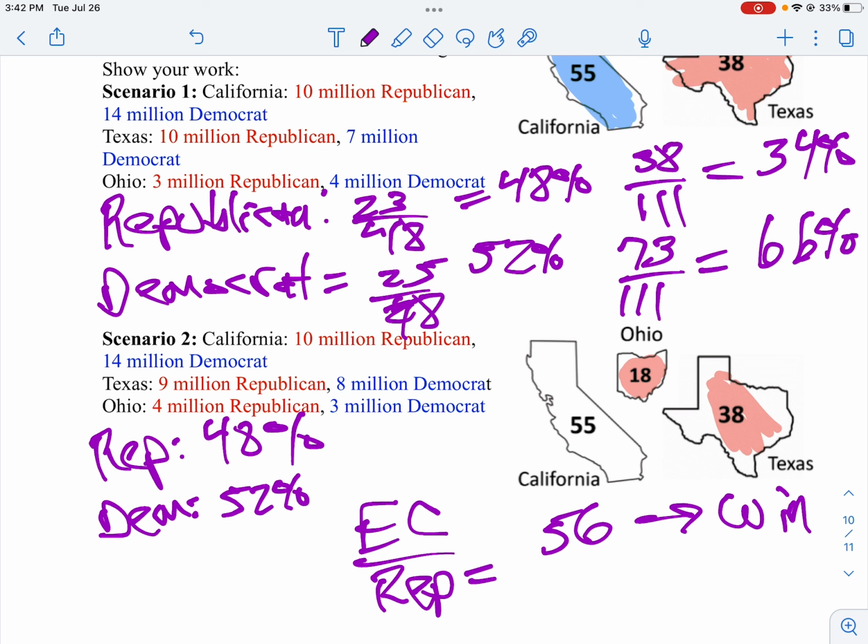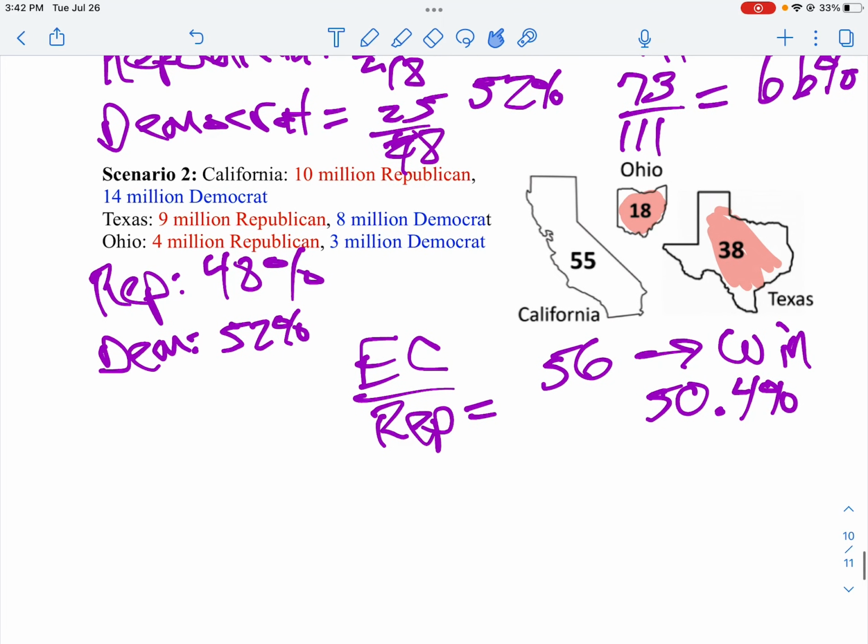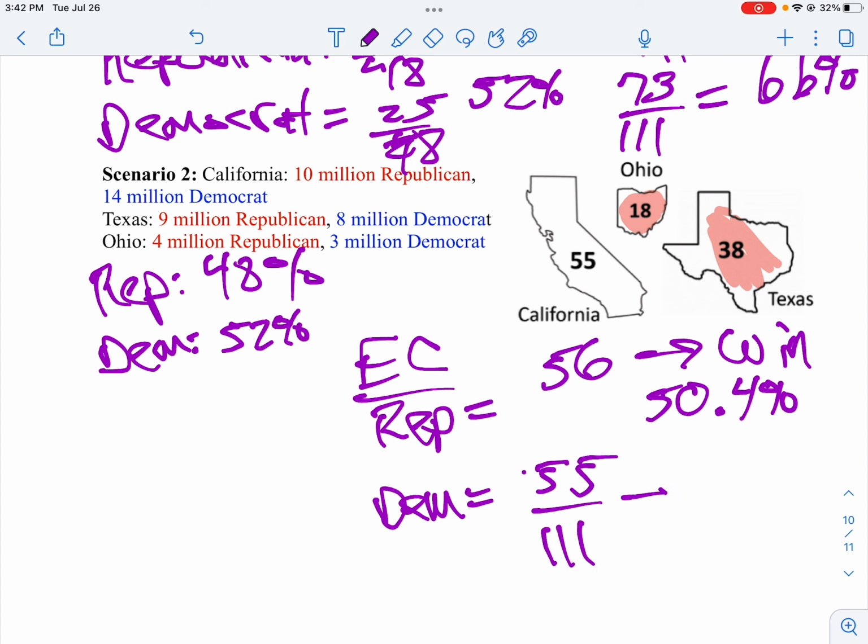So although they have less than a majority of the popular vote, they have about 50.4% of the Electoral College. And then the Democrats are only going to have 55 out of the 111, which means 55 divided by 111.